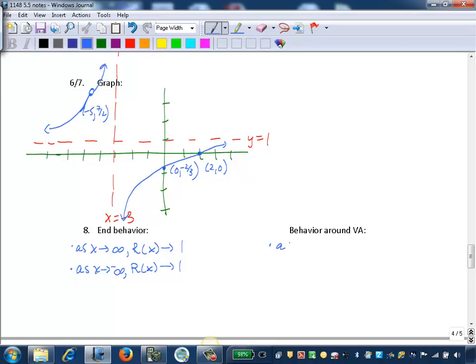So we can say as x approaches -3 from the left side, with that negative superscript, r of x approaches infinity. And then if we look at the branch that's to the right of our vertical asymptote, as we trace along it, our y value is getting smaller and smaller. So we can say as x approaches -3 from the positive side, r of x approaches negative infinity.